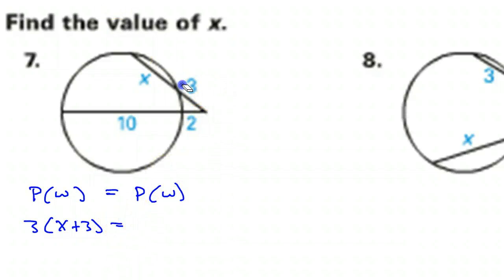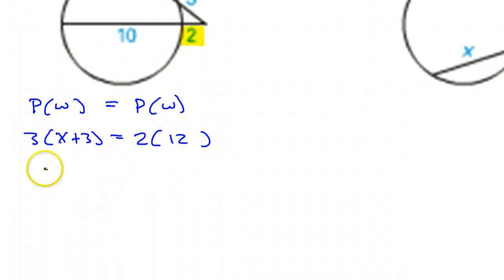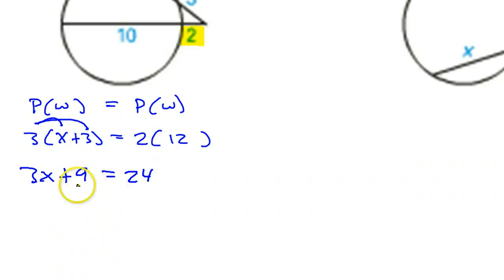Now when I look at this lower segment down here, the part is the 2, because it must be the external part. So that's the part. The whole is 12, 10 plus 2. So this is what we need to solve. So distributive property, this will be 3x plus 9 equals 24.